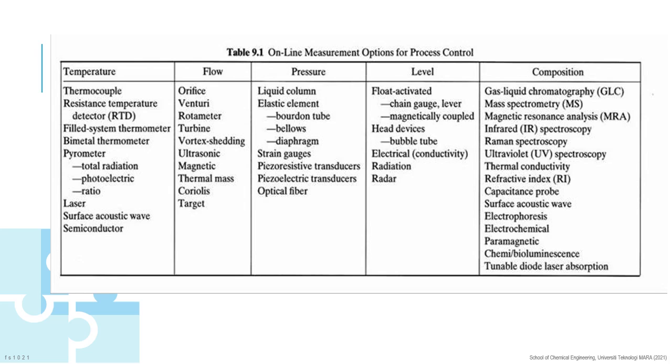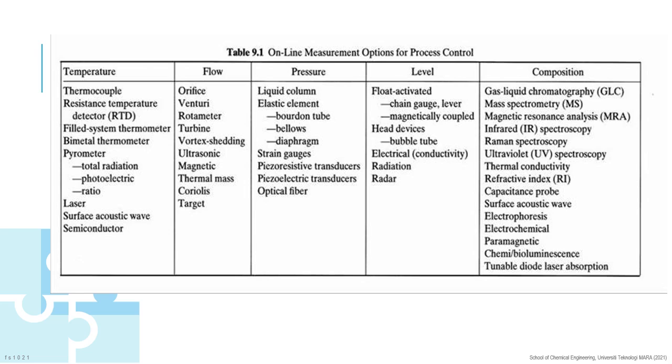Every process variable requires its own transmitter instrument. The table shows some examples of the transmitter for each process variable. For example, online measurement options for temperature are thermocouple and resistance temperature detector. For flow, orifice, venturi, rotameter, turbine, ultrasonic, and magnetic are the instruments for the transmitter.